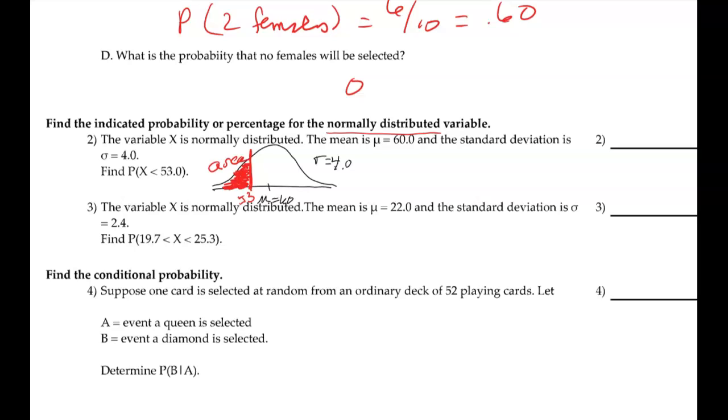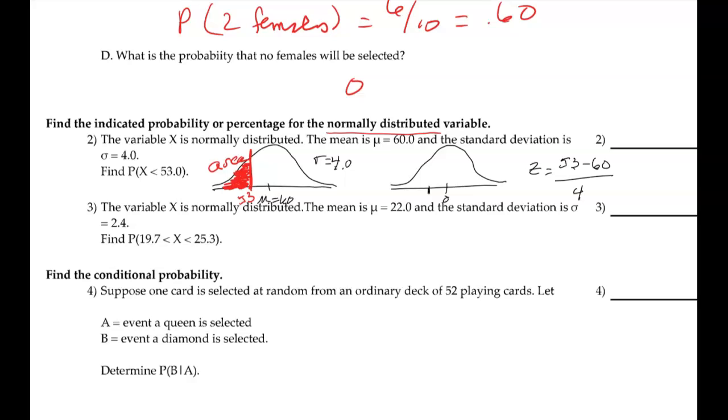But as you know, we cannot just simply look up 53 on our table. So I have to standardize, which means I got to redraw my normal curve with a 0 in the middle. And my 53 is no longer going to be a 53. Well, we need to figure out what it's going to be. It's going to be a z-score, where we take our x value minus the mean, divide it by that standard deviation. So go ahead and calculate that.